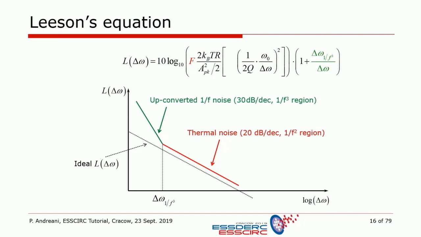This is because various sources of 1 over f noise in the active components of the oscillator can be so-called upconverted into 1 over f cube phase noise. This is taken care of by this part here, where we refer to this parameter as the corner frequency for upconverted 1 over f noise.